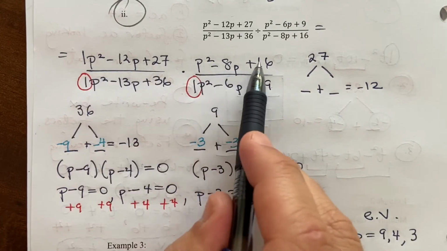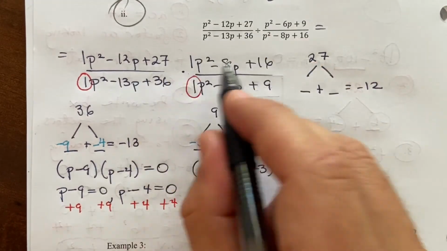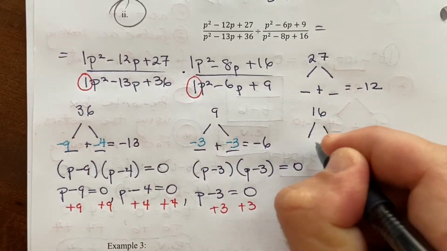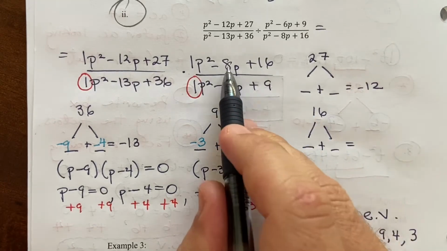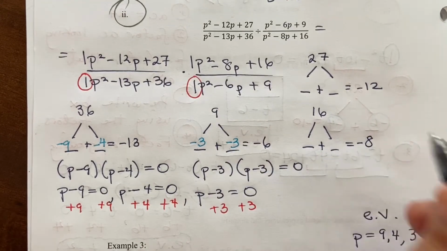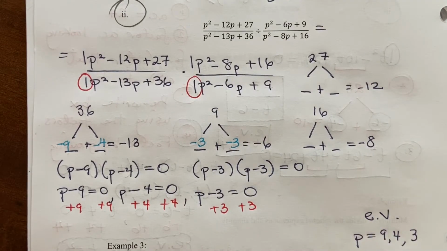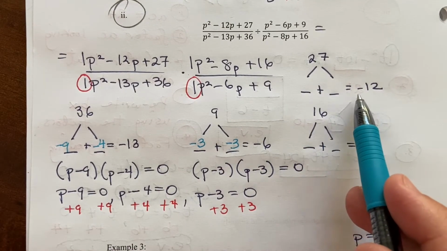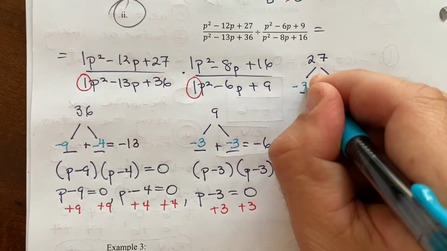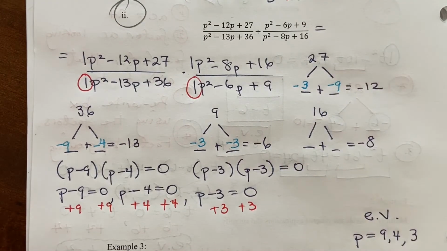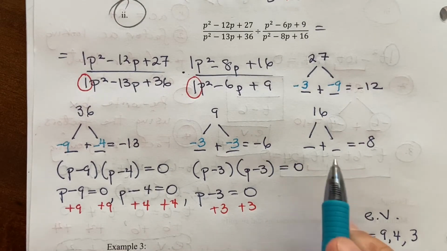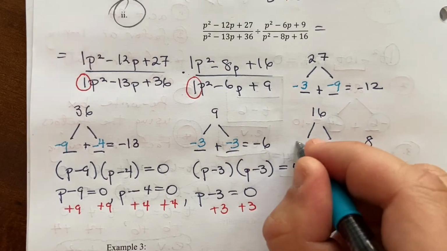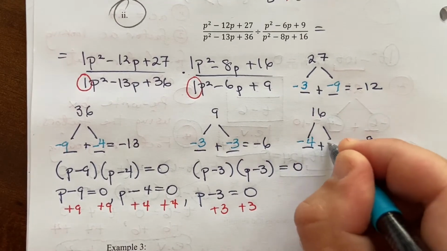To factor this one, I'm looking for 1 times 16, 16, and numbers that add up to negative 8. So to do this puzzle, it looks like I need a negative 3 and a negative 9. And for this one, I need a negative 4 and a negative 4.